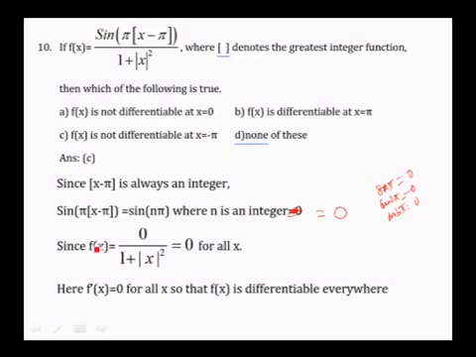Since f(x) is 0 over 1 plus mod x square, that is equal to 0 for all x.